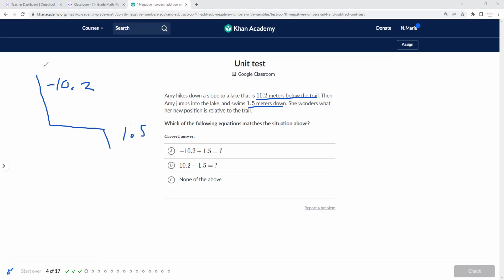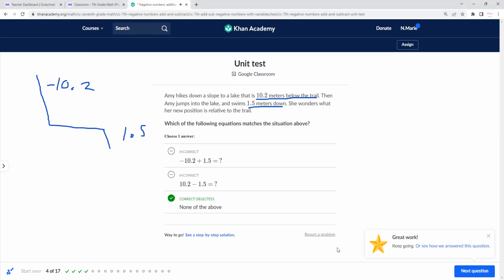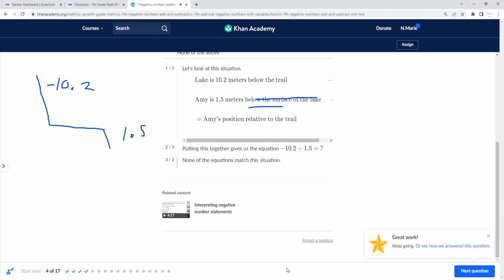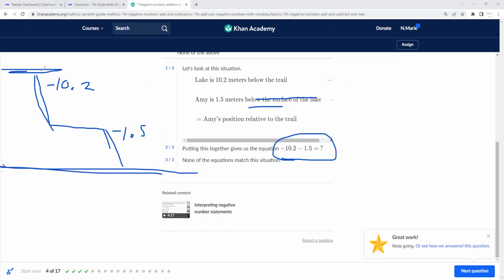So this trail is 10.2 meters above ground. So this one might be none of the above. Yeah, it should be set up as -10.2 minus 1.5, because she's going down and then also in the water down. So she's way below where she even started up here. Negative, negative.